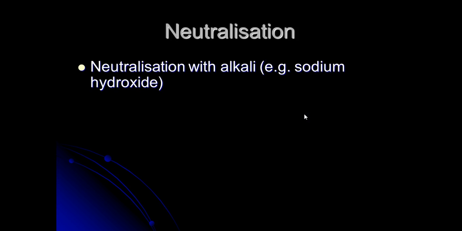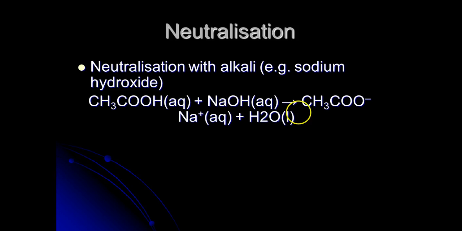Okay, so let's have a look at a couple of these reactions. If we react carboxylic acid with an alkali, you've got your carboxylic acid here, so this would be ethanoic acid because it's got 2 carbon atoms, plus your alkali, sodium hydroxide, goes to the ethanoate ion here, so what you call the carboxylic acid without the H plus on the end, joined to an Na plus, so this is an ionic interaction between the Na plus and the CH3COO minus, and some water here.